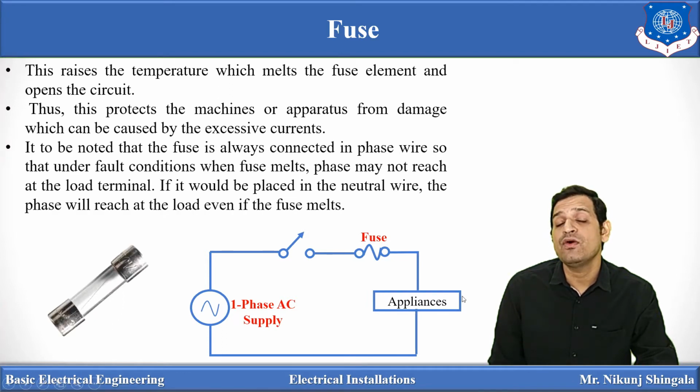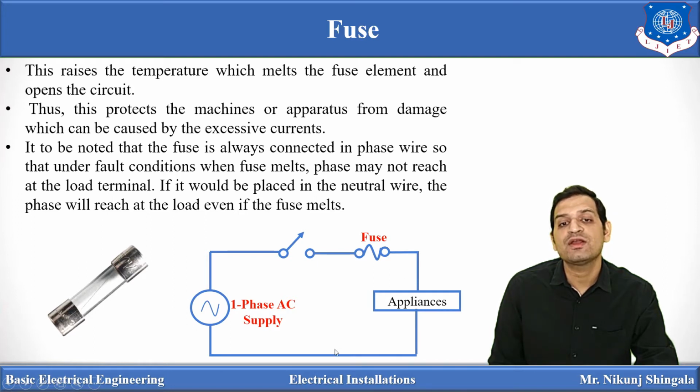It is to be noted that a fuse is always connected to the phase wire, in series with the phase, not in the neutral, because when the fuse melts, the phase will not reach the load terminal. Here you can see the fuse is connected with the phase terminal. So if excessive current flows, the fuse will melt and no current will flow through the phase to the load.